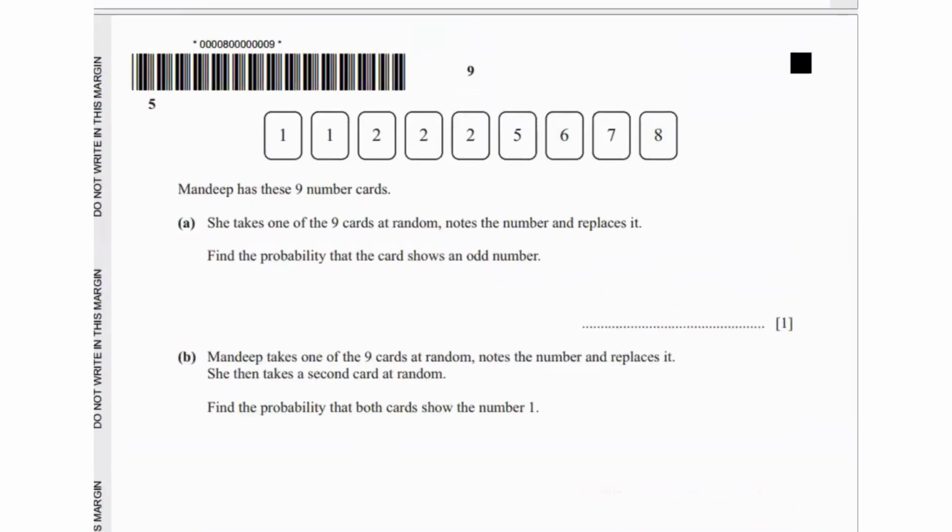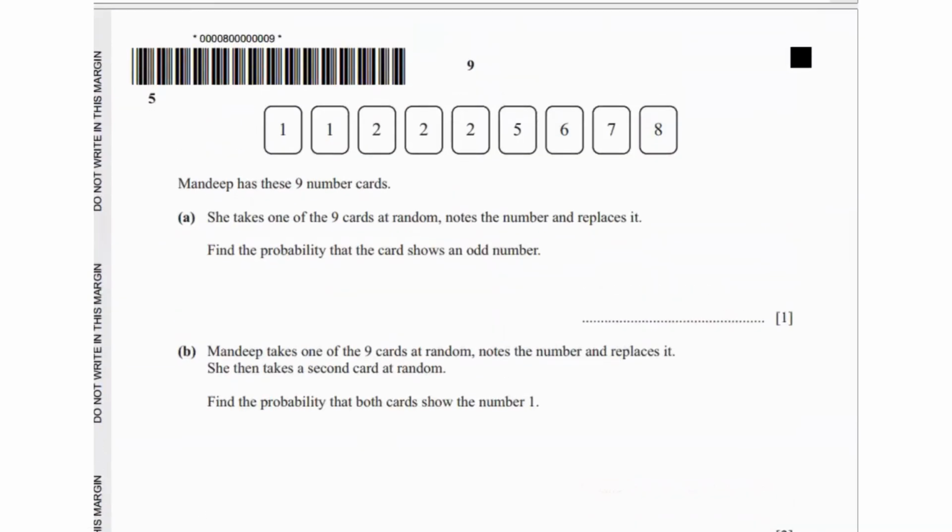So going back to our numbers, product less than 5 would be 1 times 1, 1 times 2, and 2 times 2. So the probability of getting a 1 is 2 over 9. The probability of getting a 2 is 3 over 9.